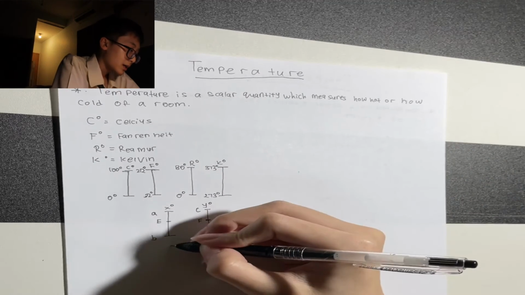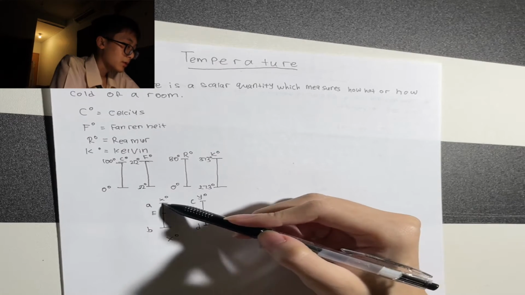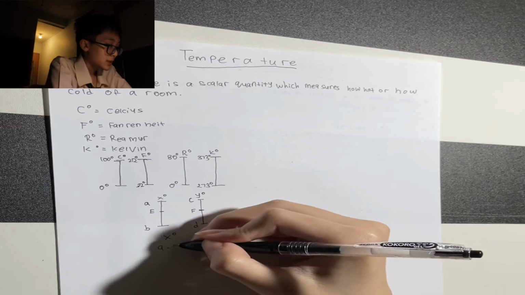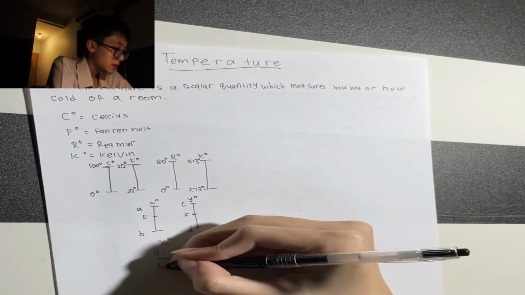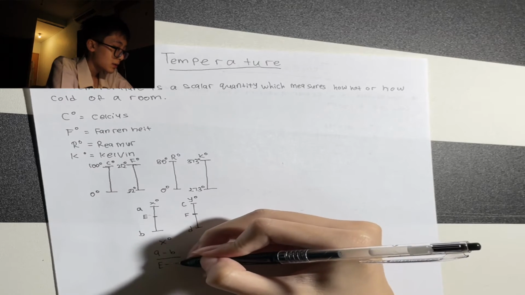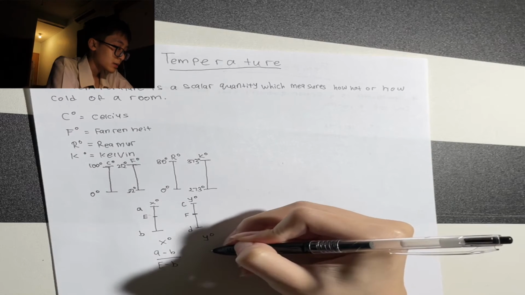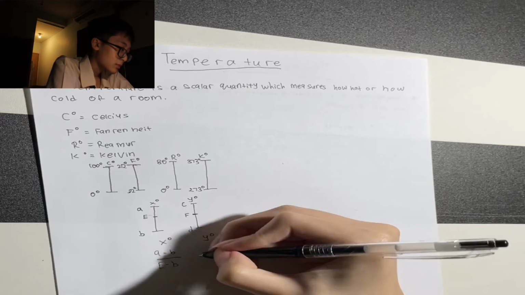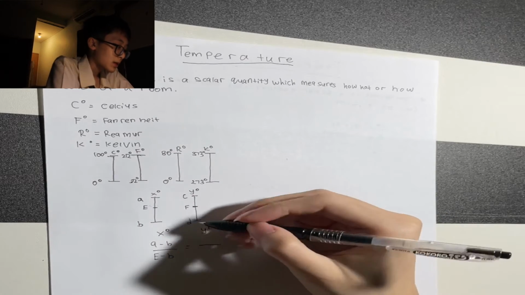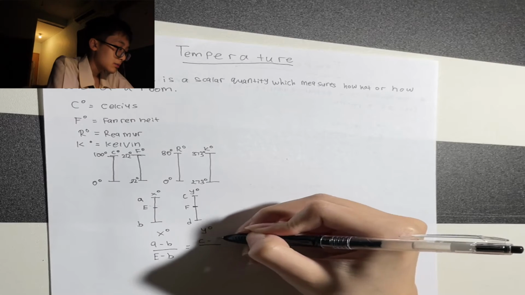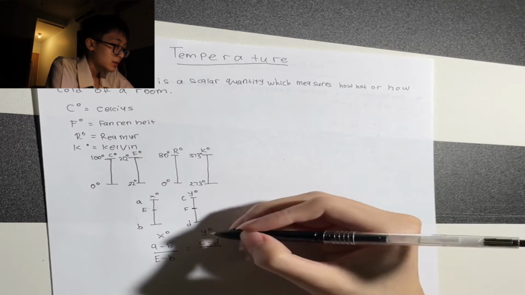So we look at X degree type of temperature, which is the boiling point subtract freezing point, A minus B, equal to the value right here, which is E, subtract by B, and we go to Y type, which is boiling point subtract freezing point, C minus D, and the value over here subtract freezing point.